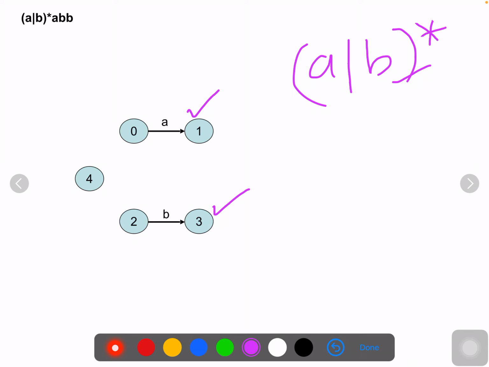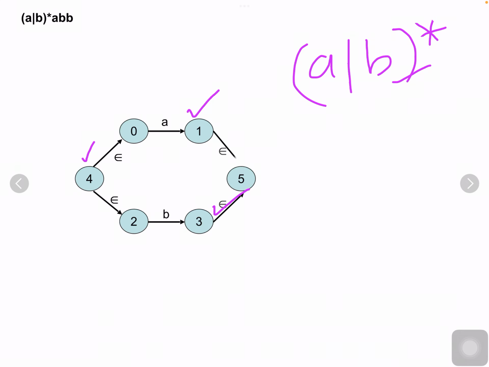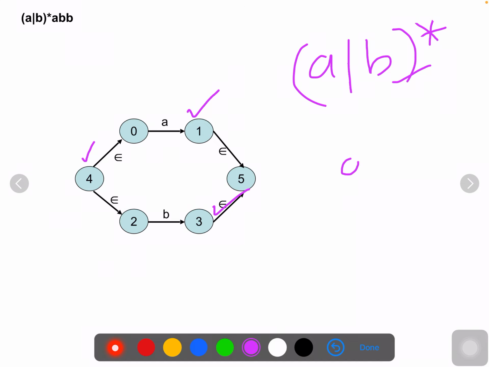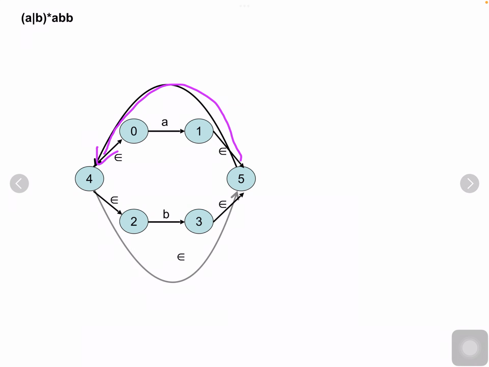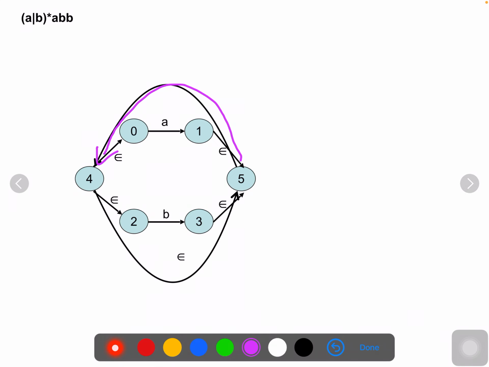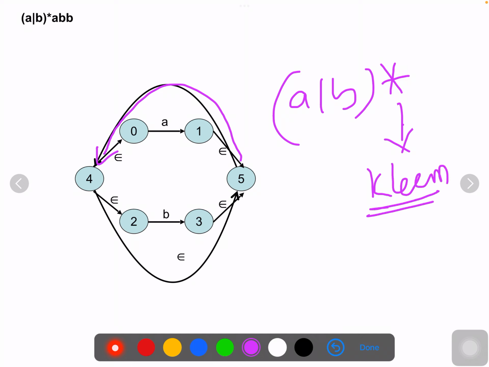For that I am taking two more states, 4 and 5, to join. So this is accepting a or b. Then what about star? For star, it includes one more, yes, right, and also will go to the one more, this one. So this is 1, this is a or b, it is a union, and star is a Kleene closure. So two theorems are applied.